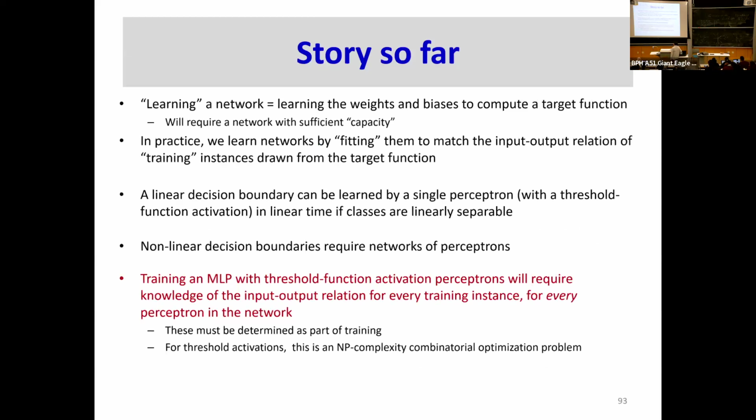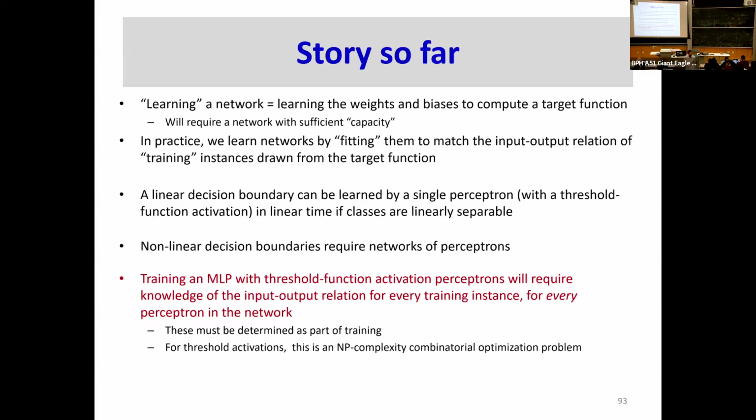Here's the story so far. Learning a network is the problem of learning weights and biases to compute a target function, assuming the network has sufficient capacity. In practice, we learn networks by fitting them to match the input-output relationship of training instances drawn from the target function. A linear decision boundary can be learned by a single perceptron in linear time, if the classes are linearly separable.